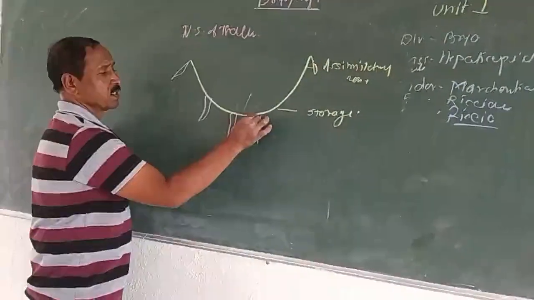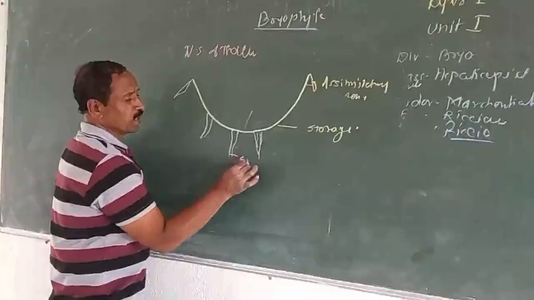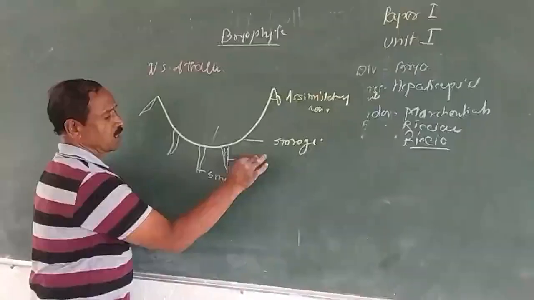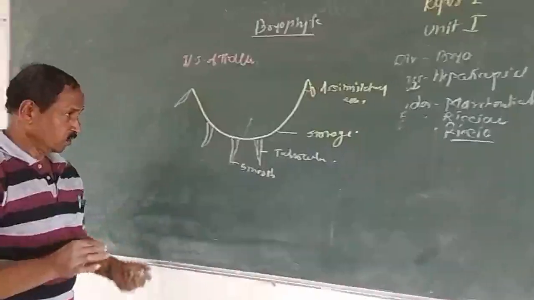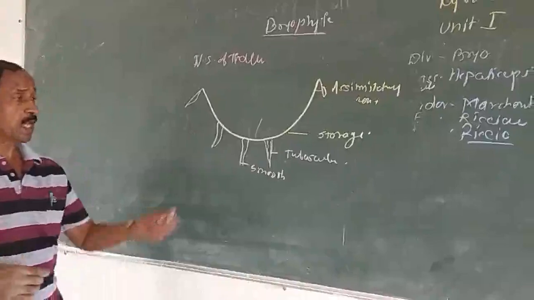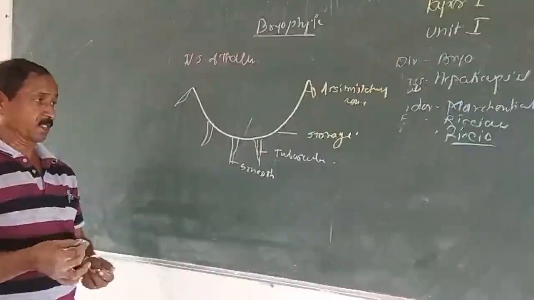These rhizoids are of two types: the smooth walled rhizoids and tuberculated rhizoids. So in objective, the two types of rhizoids are present. Which are these two types? That is smooth walled rhizoids and tuberculated rhizoids.